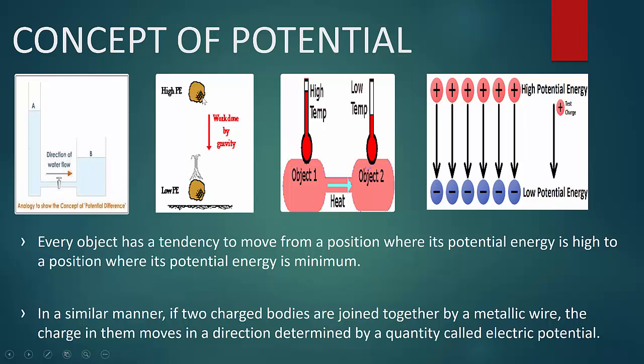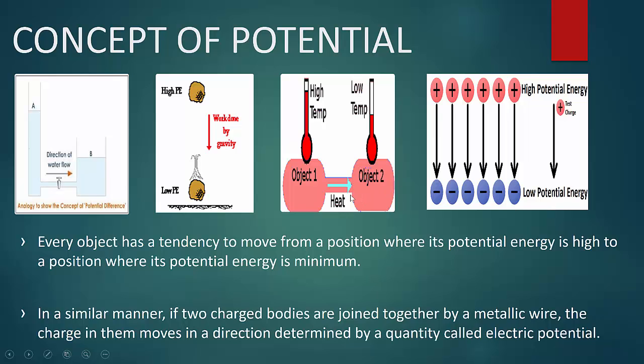Similarly, here a stone is dropped freely from a high place to the ground. Here we can see it goes from higher potential energy to lower potential energy. Similarly, this object shows two vessels, one at a higher temperature and another at a lower temperature.